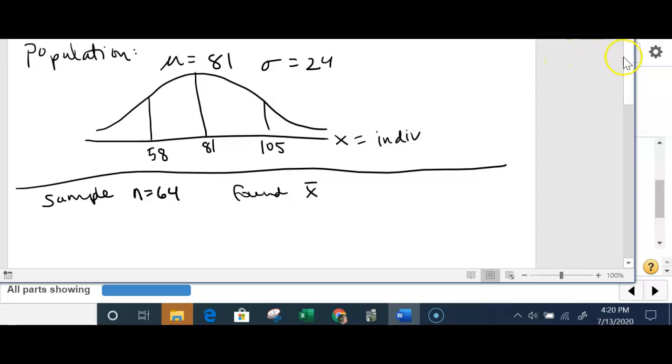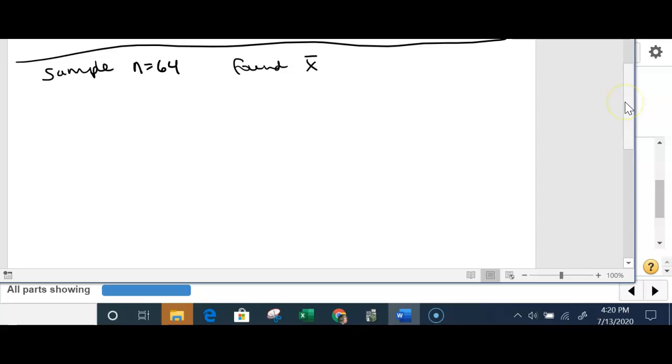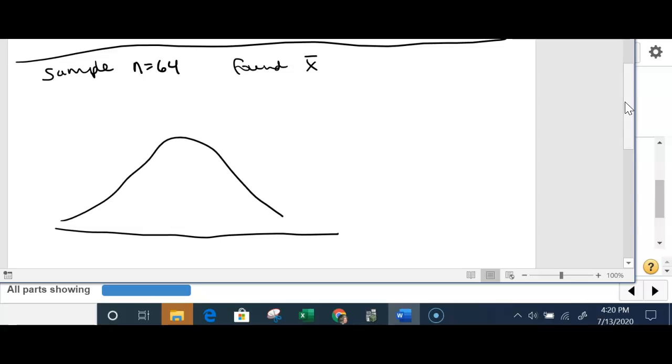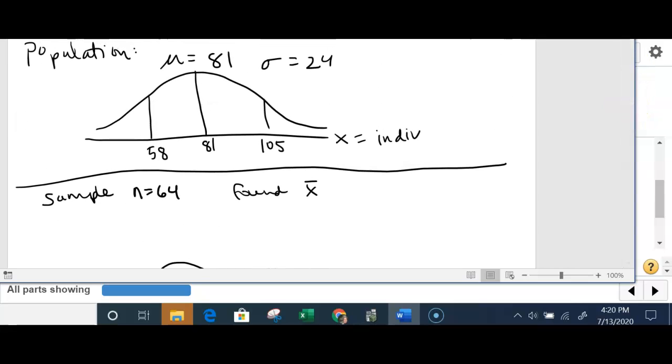Okay, so we have a distribution of sample means. Okay, so now we have a new distribution. The problem said that this was skewed right. So I shouldn't have drawn it as a normal distribution like this.